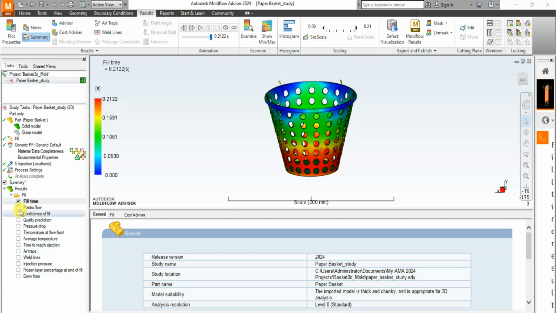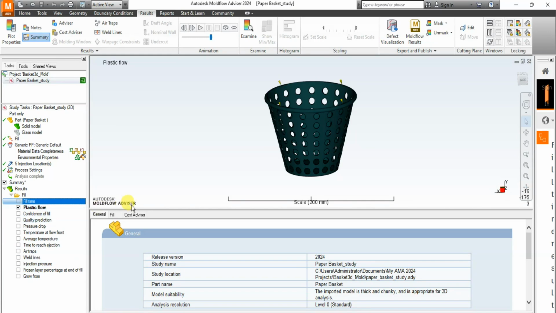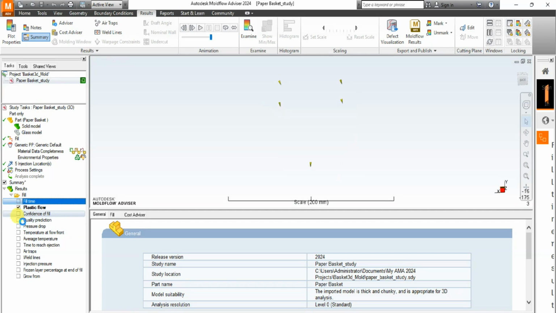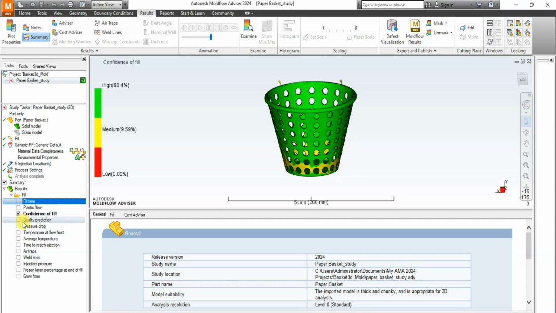All right, so let's move now to the plastic flow. What happens during the fill time is also the same with the plastic flow. Now let's move to the confidence of fill.